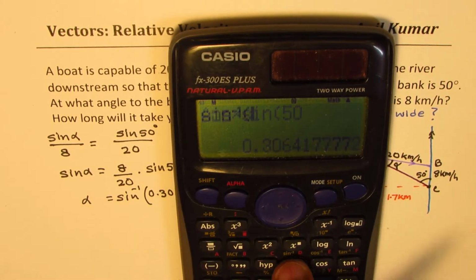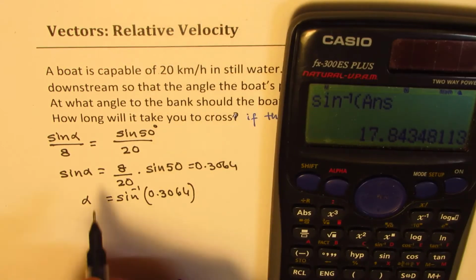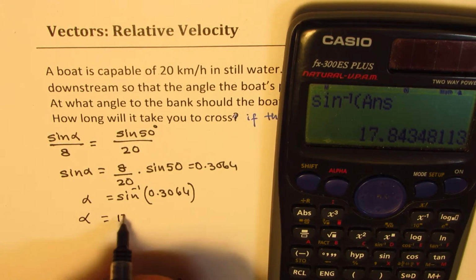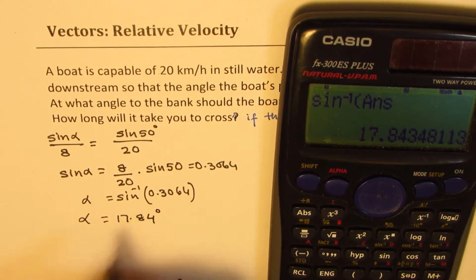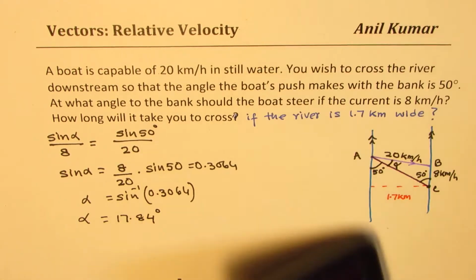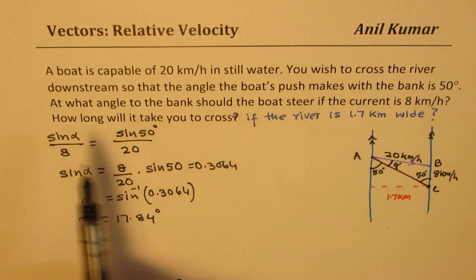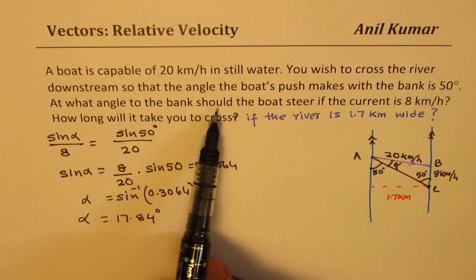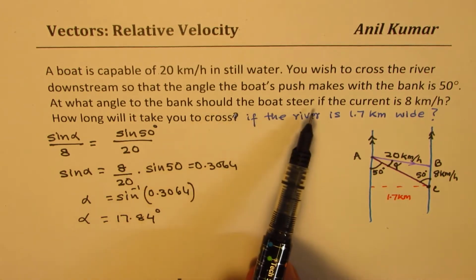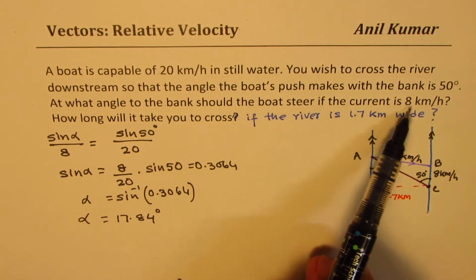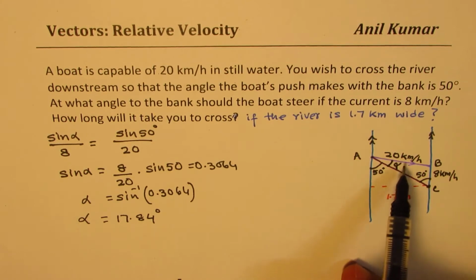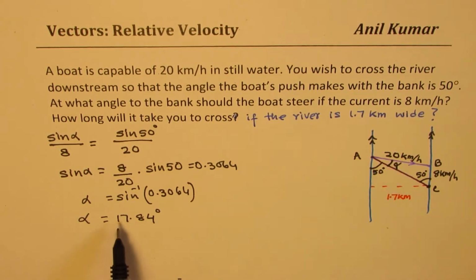Shift sine inverse of our answer gives you 17.84, so alpha equals 17.84 degrees. So we now know the angle alpha. The first question is, at what angle to the bank should the boat steer if the current is 8 kilometers per hour? With the bank, it becomes 50 plus whatever you get.